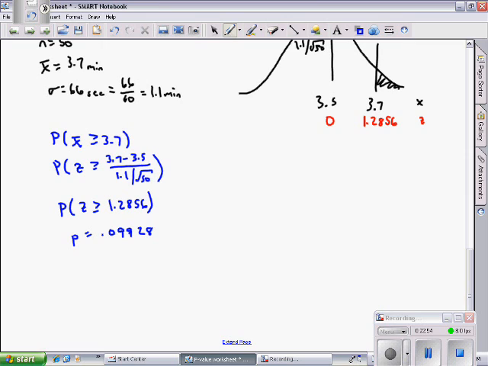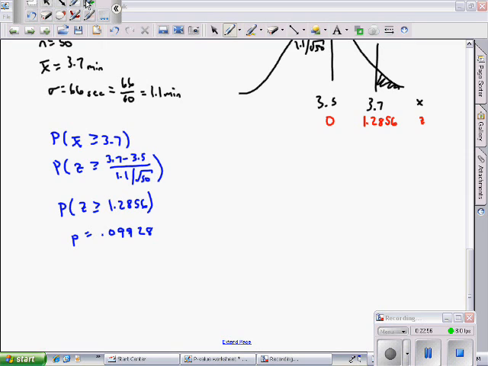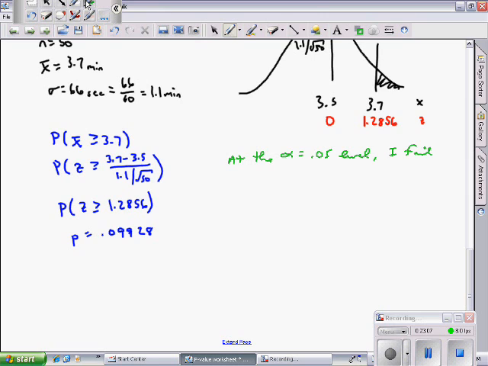Again, this problem gave me an alpha level. It told me that alpha was 0.05. So at the alpha equals 0.05 level, I fail to reject HO in favor of HA.